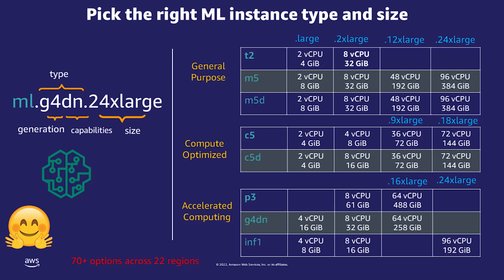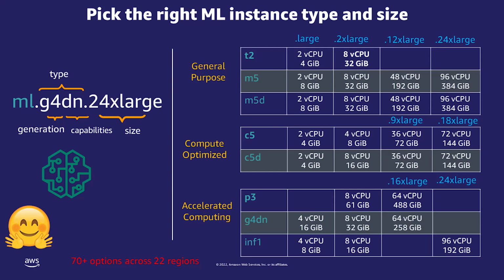More commonly, I would look at something in the M5 or the C5. The C5 is compute optimized, so you're just going to get snappier compute response times. The M series is sort of more general purpose compute. And so those are 2 sort of middle of the road paths. And then again, they all come in different sizes, so different numbers of virtual CPUs, different memory sizes, etc.